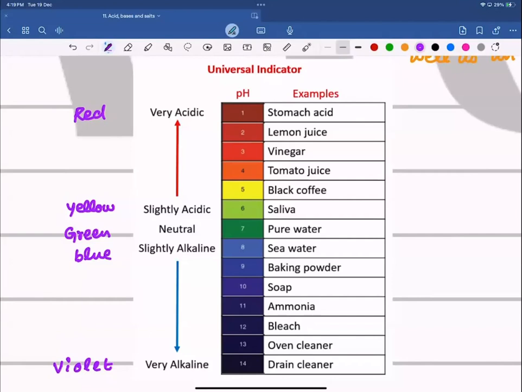We have started acids and bases. And we just discussed acids and bases.